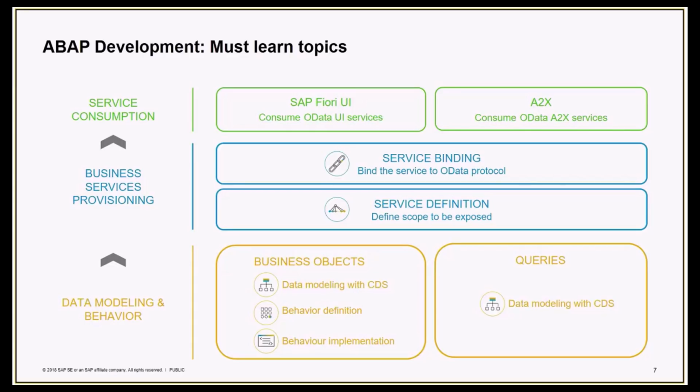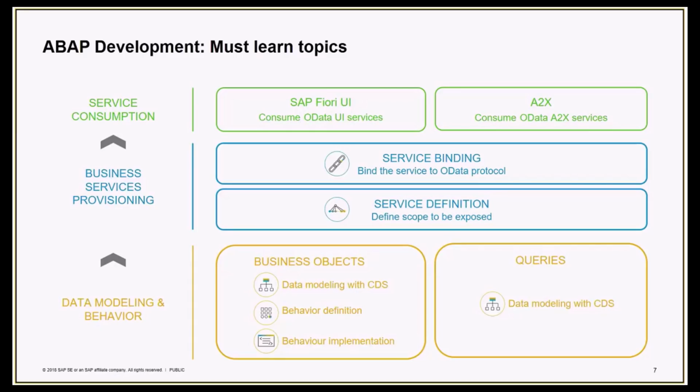And now the question is, how can I project parts of this universe to a certain user interface, a role-specific user interface, or also to a cloud API, for example, A2X service. So therefore, in RAP, we offer a service definition. It's an artifact where you define the scope of this universe which should be exposed. It's protocol agnostic. It's a CDS-like artifact.